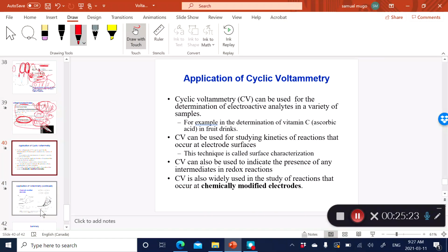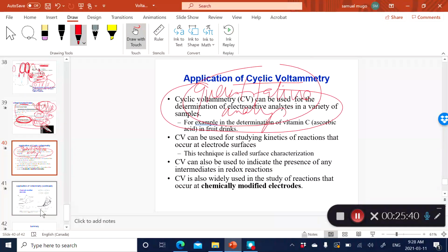So let me finish by very quickly highlighting, really repeating what I've already said, the applications of cyclic voltammetry. As I mentioned, it's a good quantitative tool. You can use it for quantitative analysis, and you guys are doing that already in the lab.